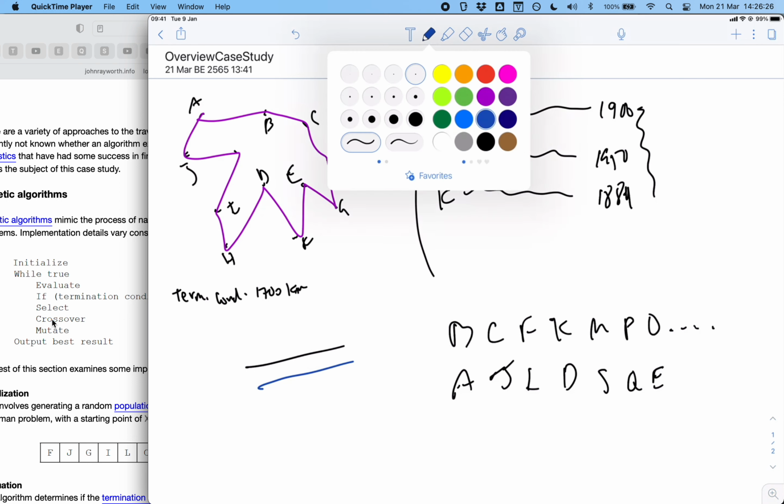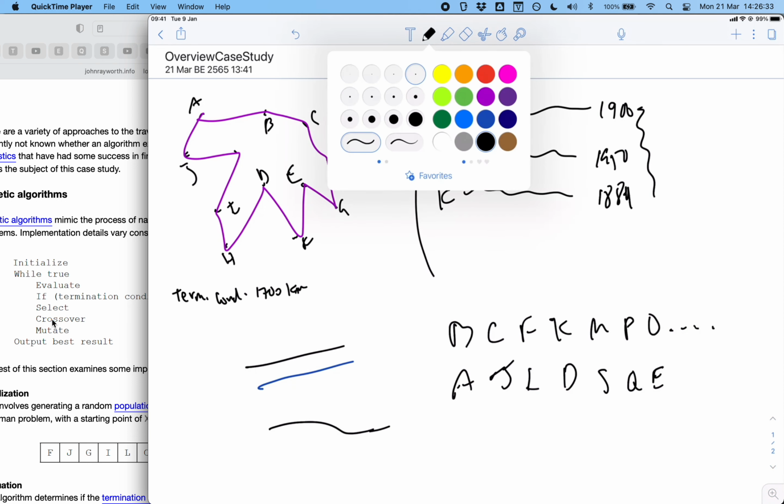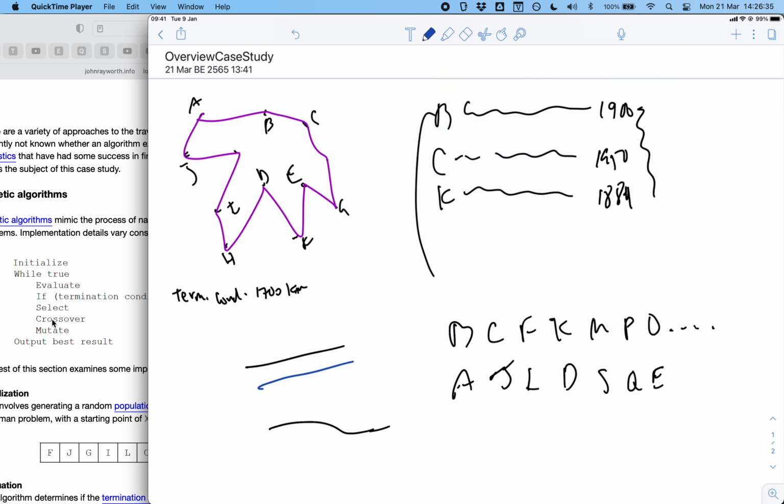And that's what happens with the evolution of life, that the genes cross over. And you end up with the new gene that's part.